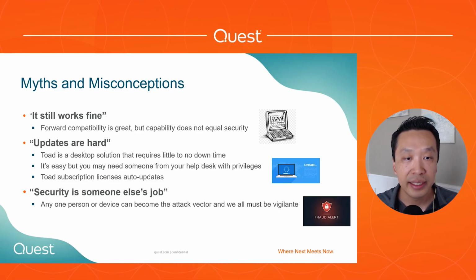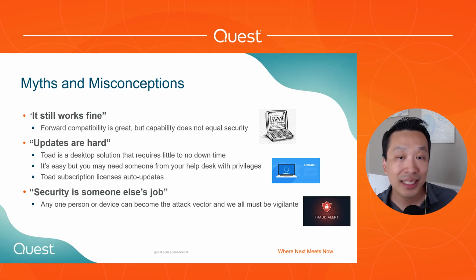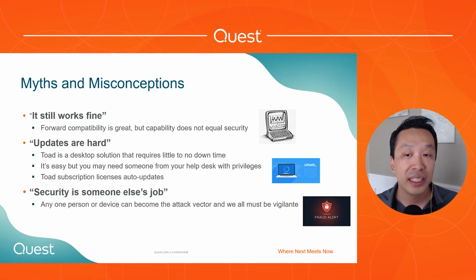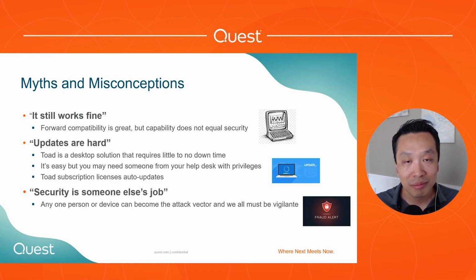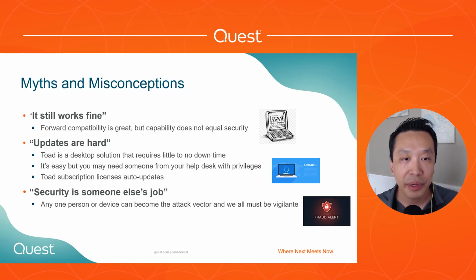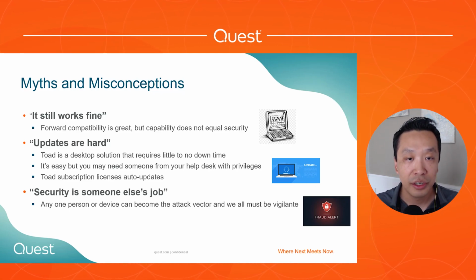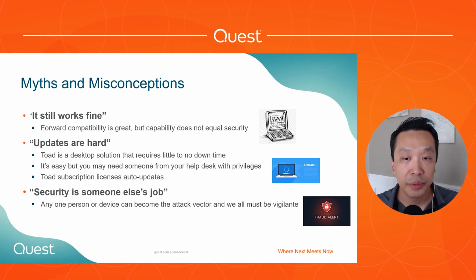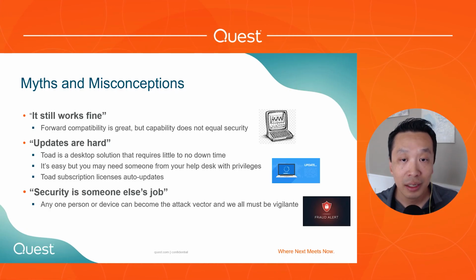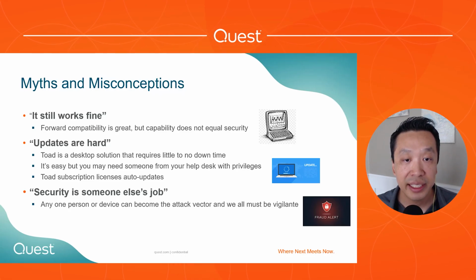You can update later in the day or early next morning or whatever the case might be. And Toad is a desktop application, so updates are really fast. It's almost no downtime. I mean, you do have to restart your Toad, but that's about it. Restart your Toad, run the installer, and then start up your Toad, and it should bring in all your settings, which in a moment I'll show you that process, and hopefully I can show you how easy it is to update your Toad.